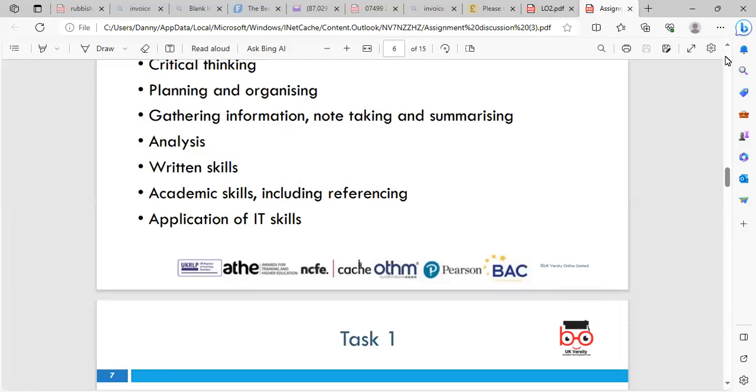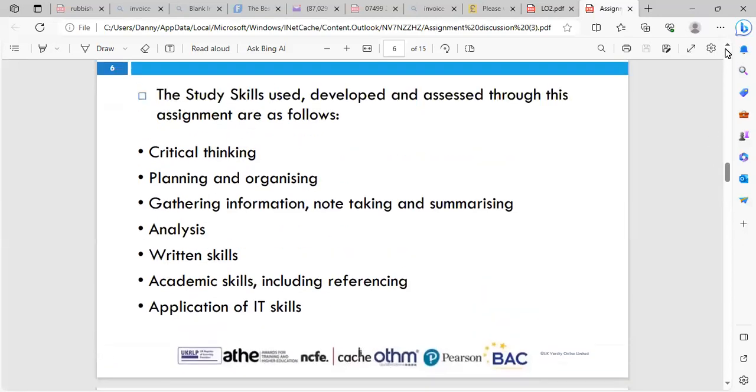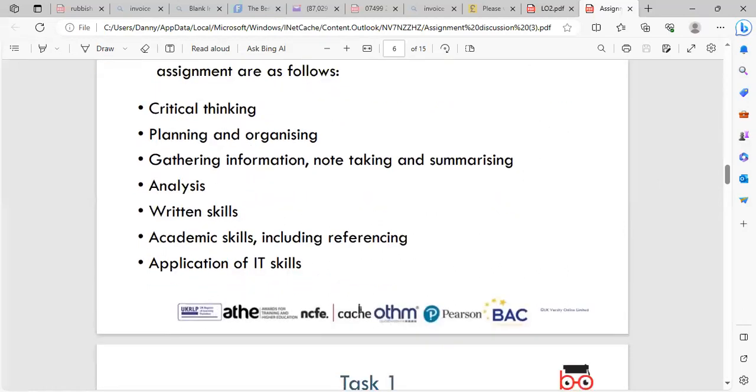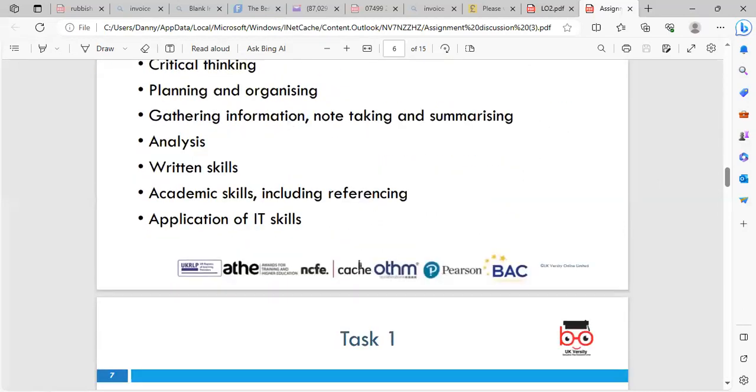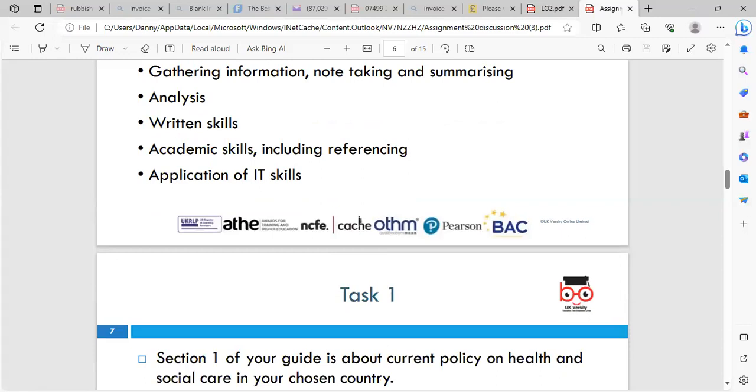These are things that we expect you would have study skills in. You should be able to do critical thinking, plan and organize, gather information, take notes and summarize, do analysis, written skills, academic skills including referencing, and application of IT skills.